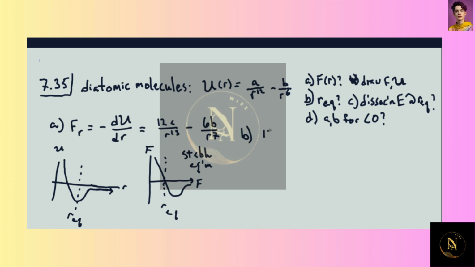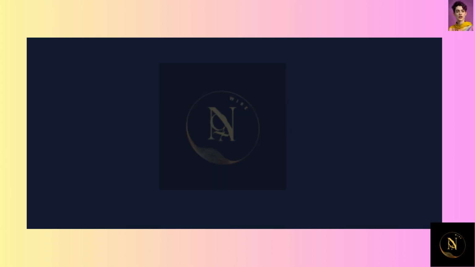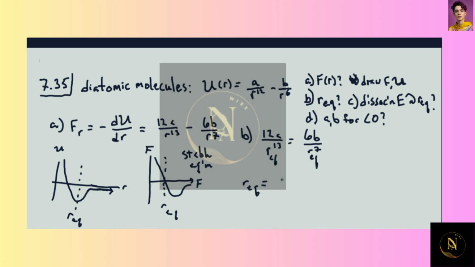So we see that 12a over r to the 13th is going to be equal to 6b divided by r to the 7th, and solving this, we see the equilibrium distance is 2a over b, and it's the 6th root of that.